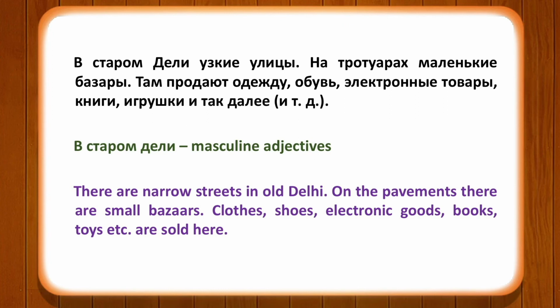Pradayut odezhdu, obuv, elektronnie tovari, plural form, knigi, again plural, igrushki, again plural. So, here we are using accusative case with the verb pradavat, chto. So, it will be translated as clothes, shoes, electronic goods, books, toys, etc.